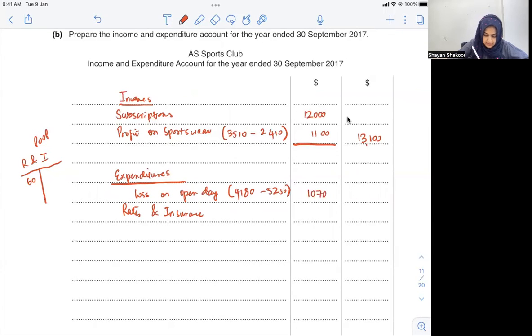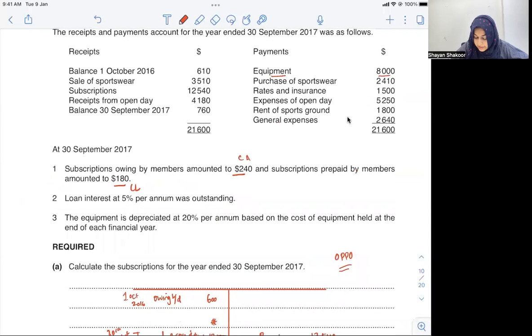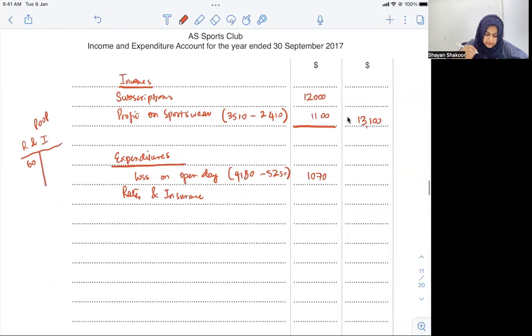So opening prepaid comes on the debit side in the expense account. And what we are paying here is 1,500 for insurance. That comes on the credit side in the bank account, so we need to write it on the debit side in the expense account. So what we take to the income and expenditure is 1,560. And we write it here, 1,560.